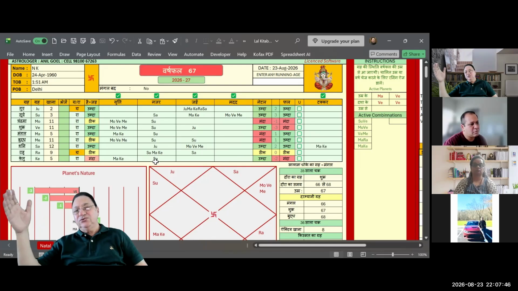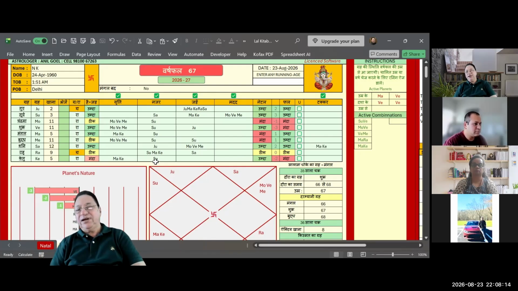From sunrise to 2 hours, it is Jupiter's time. 6 to 8 is Jupiter time, 8 to 10 is Sun's time, 10 to 11 is Moon's time, 11 to 1 is Mangal, 1 to 4 is Shukra, 4 to 6 is Budh, 6 to 8 is Rahu, and then night time is Shani, like that.